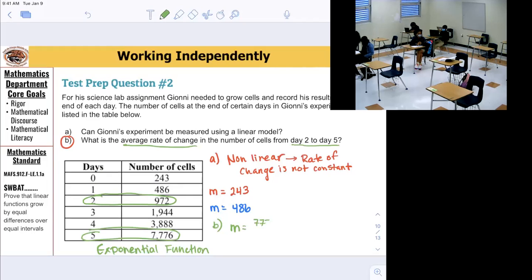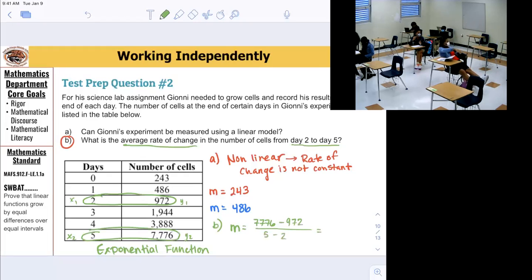Good. Y1? 972. Good. And then X2 is 5. And so it's going to be 5 minus 2.